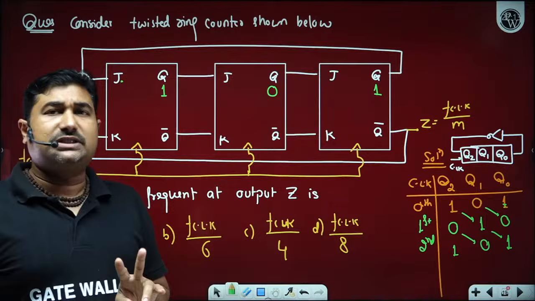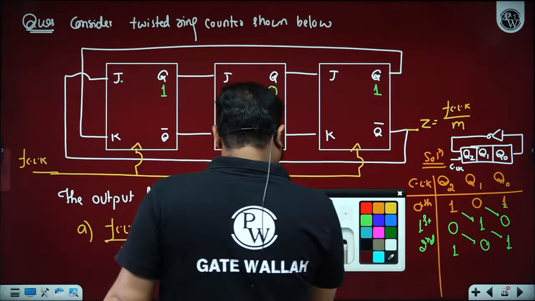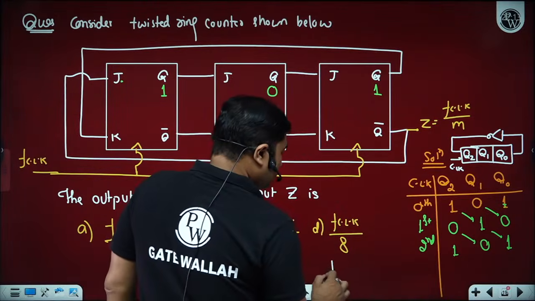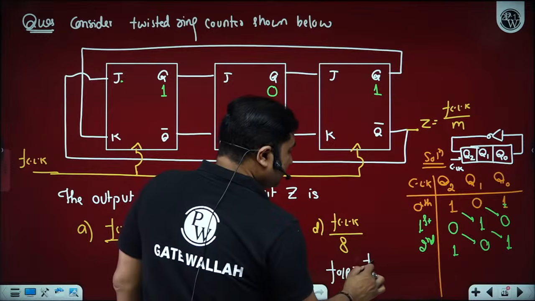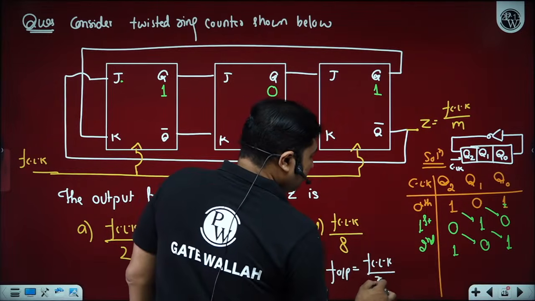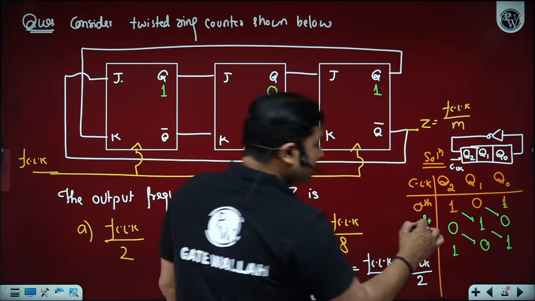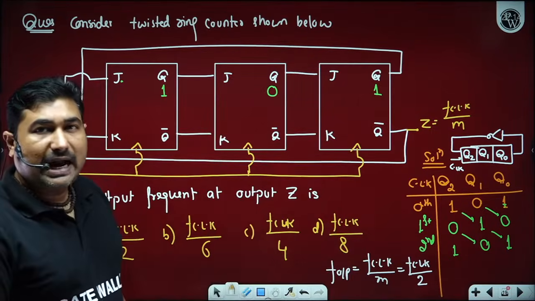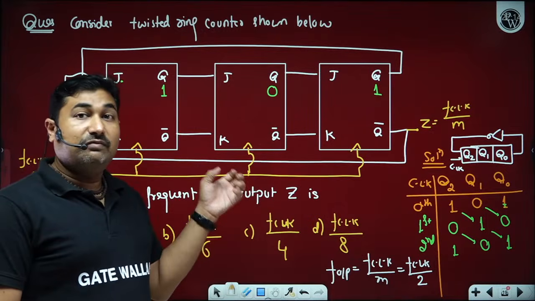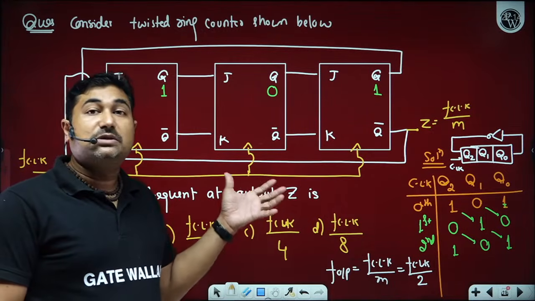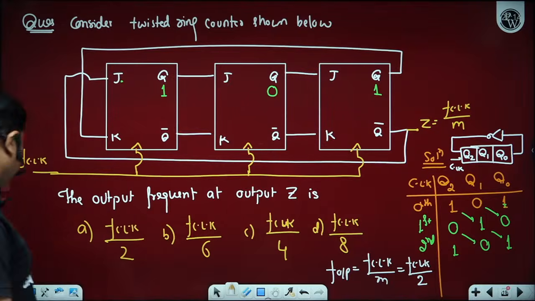So if there are only 2 states, then the output frequency will become FCLK by m. Here m is only 2 because your counter is in the lockout state. It will not return back to its original state, and 101 or 010 are not used states in a Johnson ring counter.